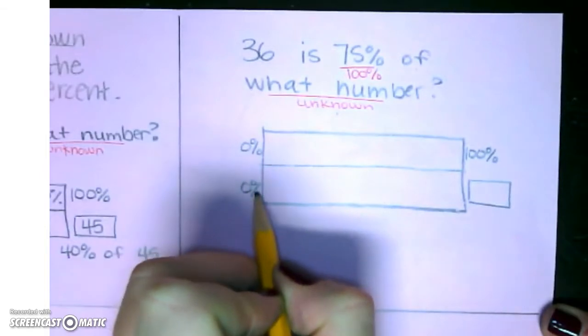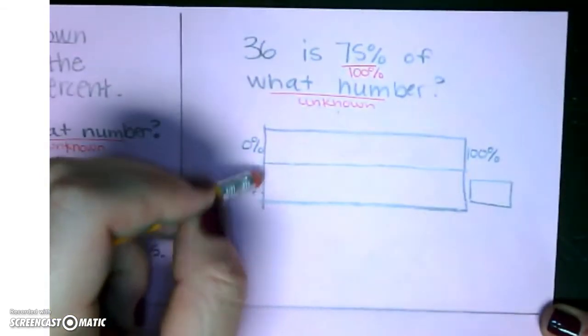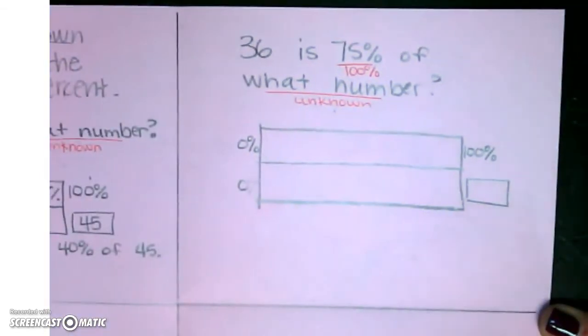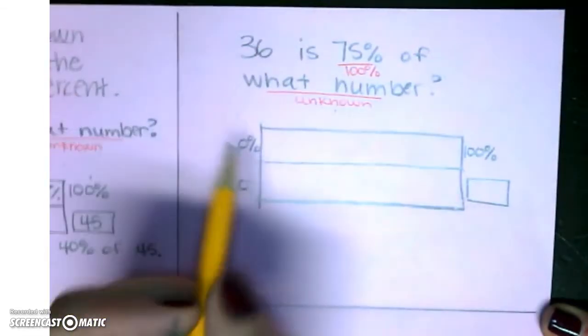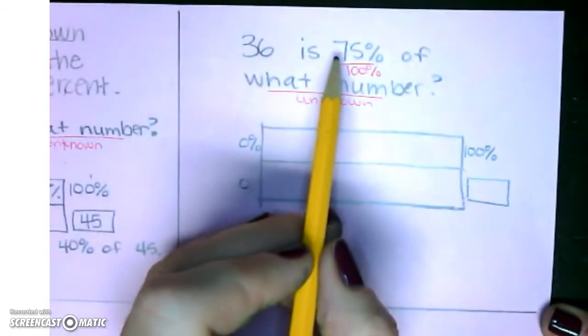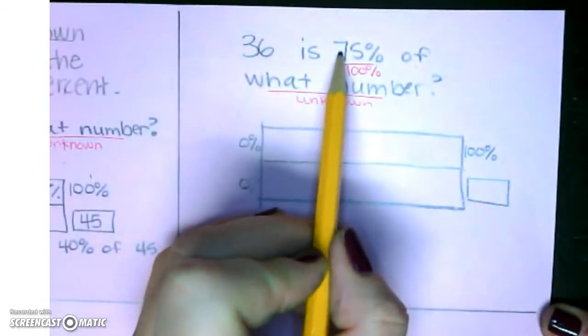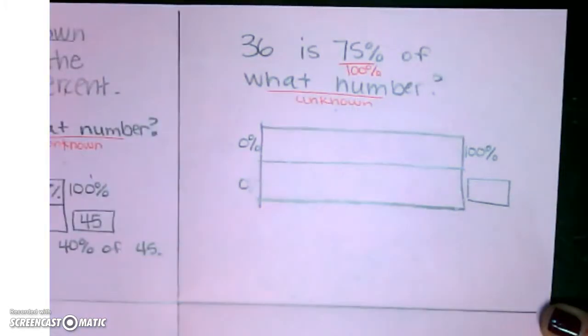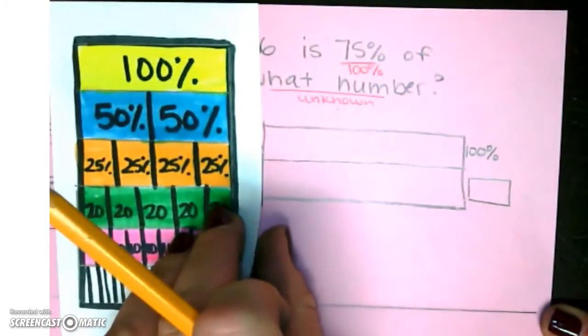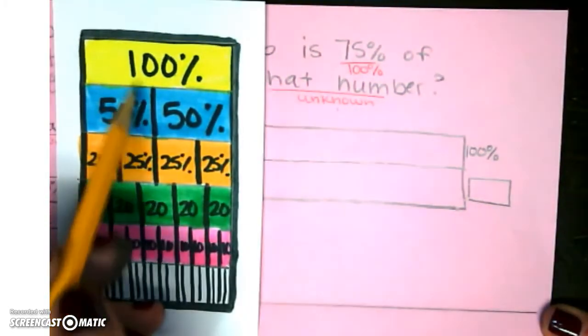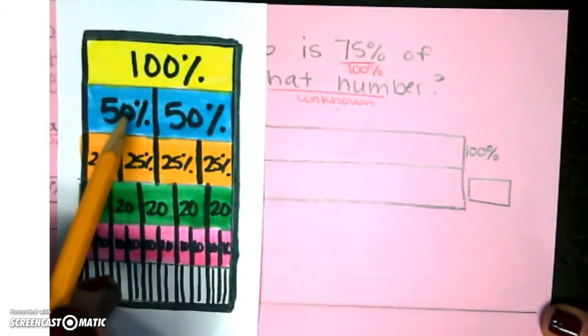But I do know that 0% of any number is always going to equal 0. So now I need to cut this diagram into pieces where I will land on exactly 75% and exactly 100. Now again, if you need to refer back to your MSG, 100 would be too big.